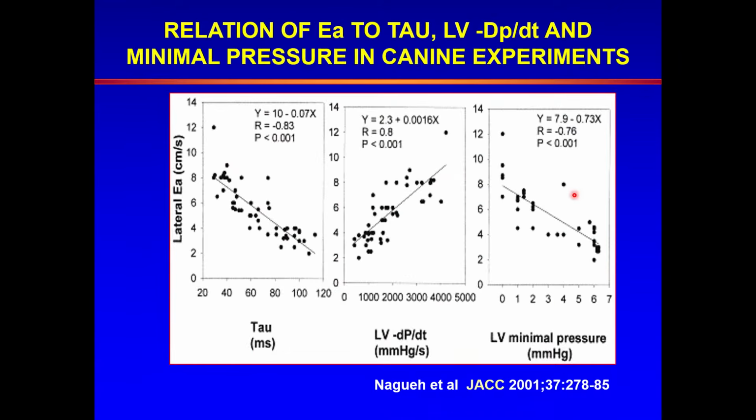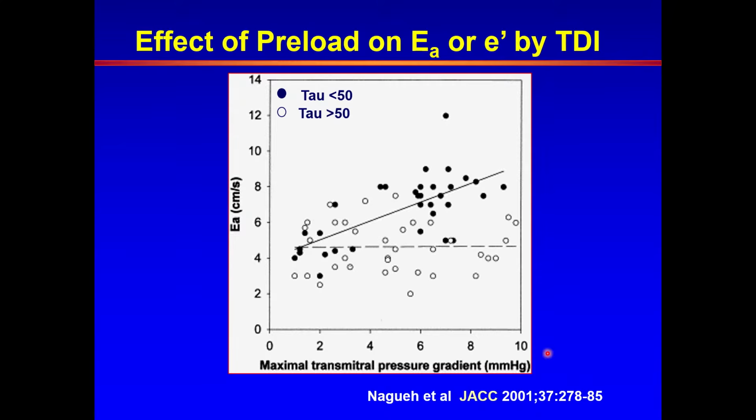When you put things together and say what are the determinants of this early diastolic velocity, whether recorded at the lateral side of the annulus or the septal side of the annulus, it is left ventricular relaxation captured by that time constant we talked about earlier, negative dp/dt, how fast the pressure declines, as well as minimal pressure, which is affected by relaxation and by the suction properties of the ventricle.